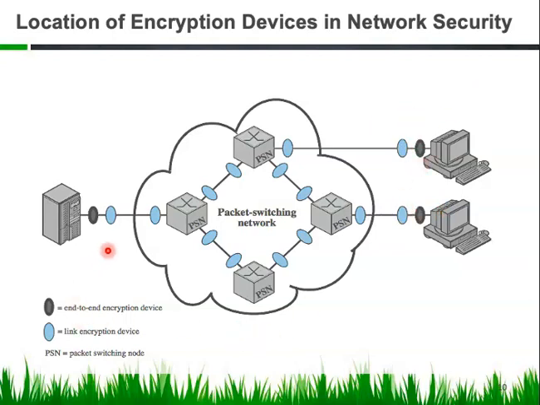Another is the link encryption device. This is an example of the location of encryption devices in network security. Encryption is the most powerful and most common approach to countering threats to network security. Using encryption, we need to decide what to encrypt and where the encryption devices should be located.